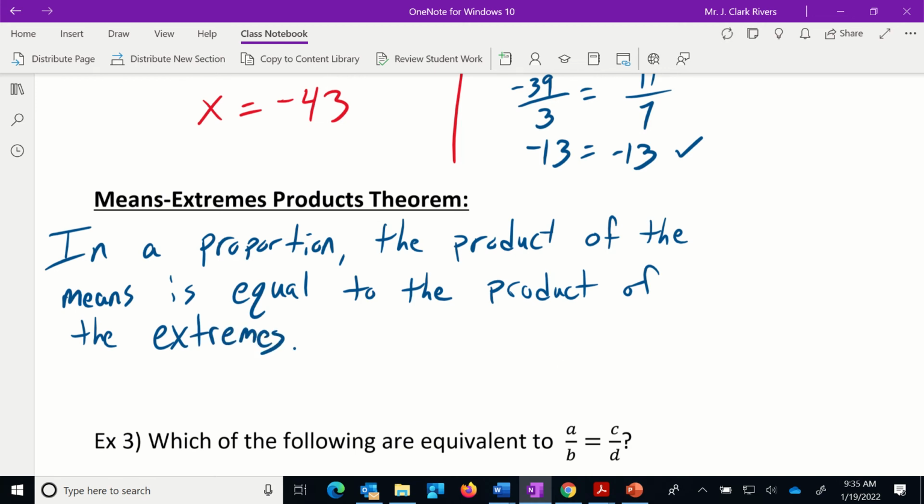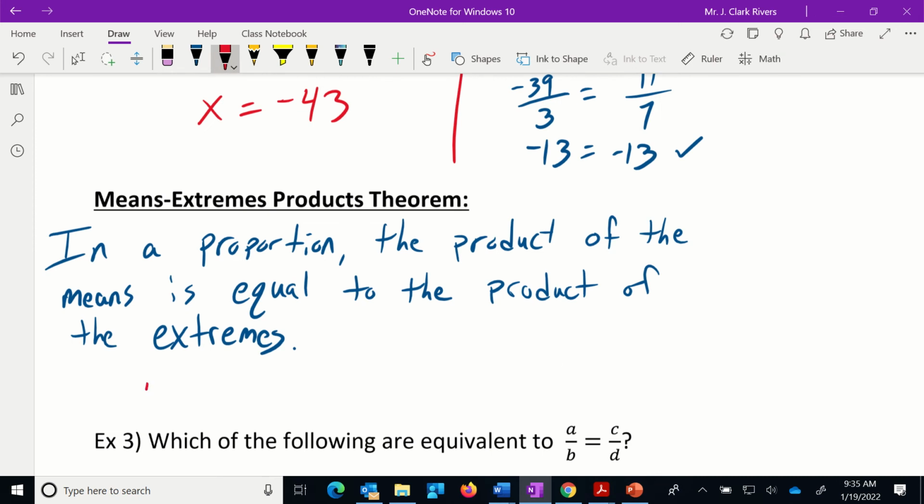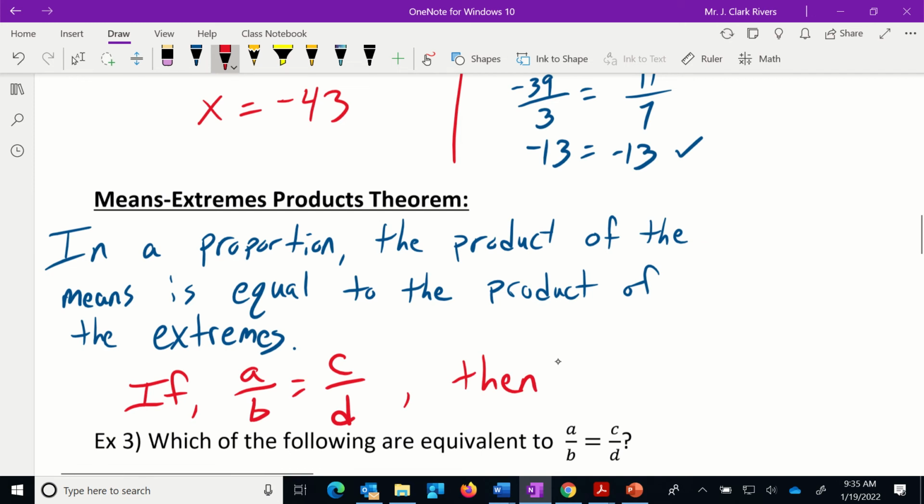Okay, and so we'll say if A over B is equal to C over D, then A times D is equal to B times C. Okay.